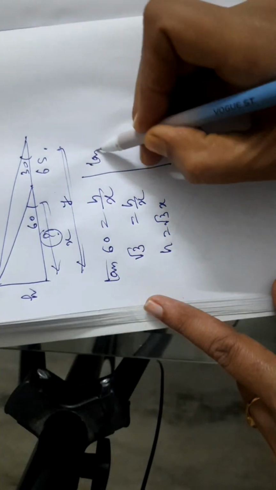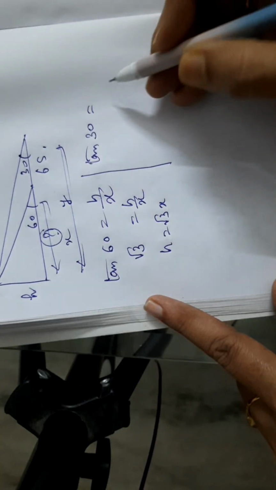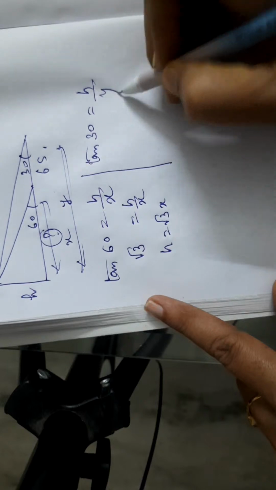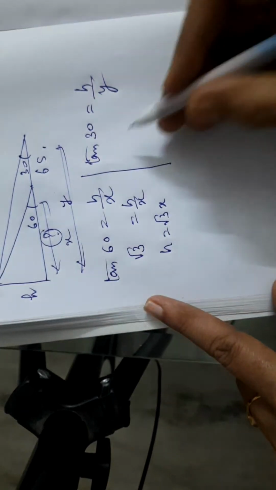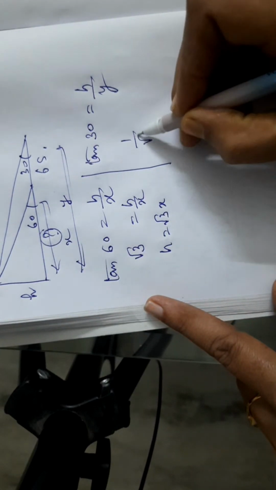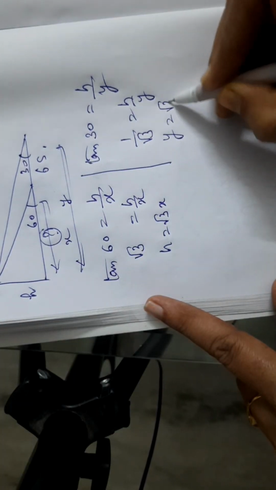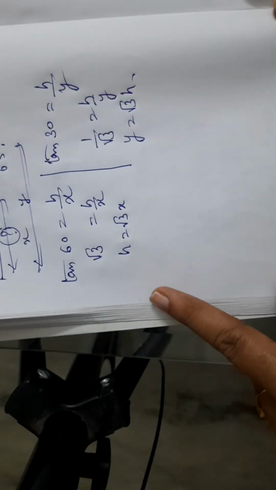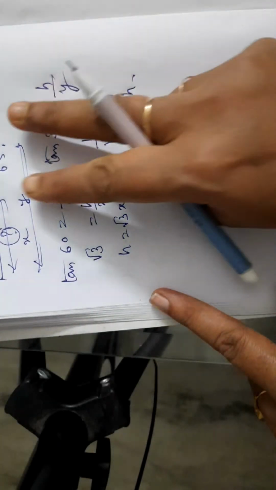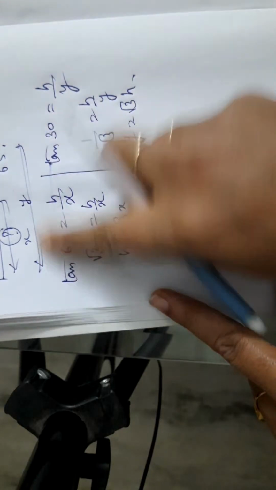Now tan 30 is h upon y, where complete is y. Tan 30 is 1 by root 3, equal to h upon y. So y is root 3h. Now we need to calculate this value, which is y minus x.